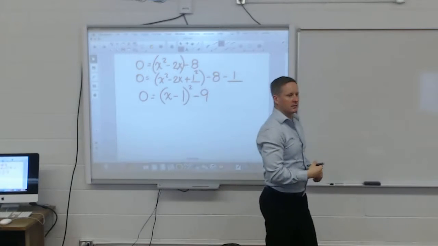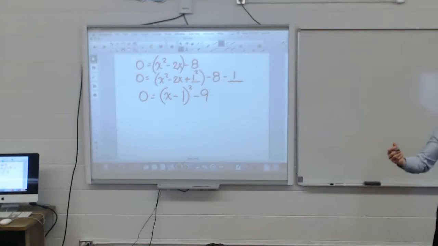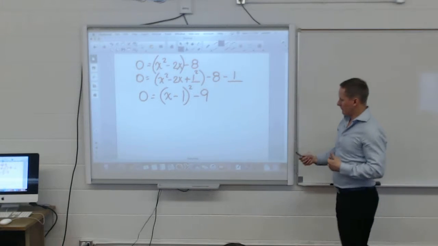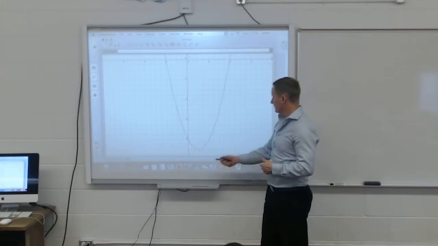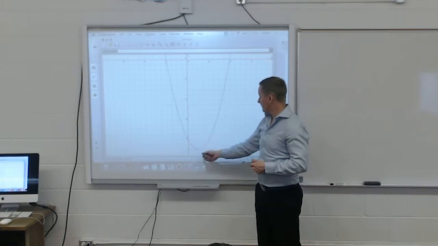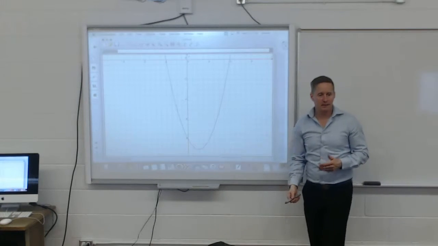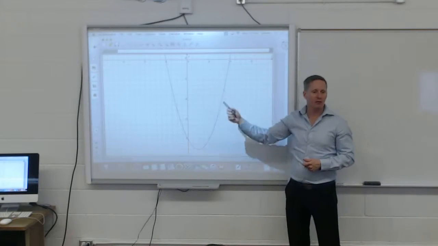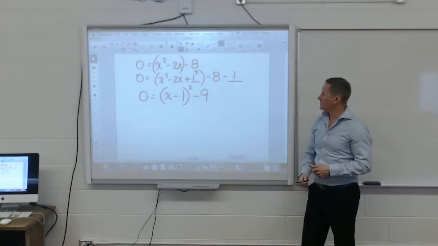So now, what would be the vertex of this graph? 1 and negative 9. 1, negative 9.